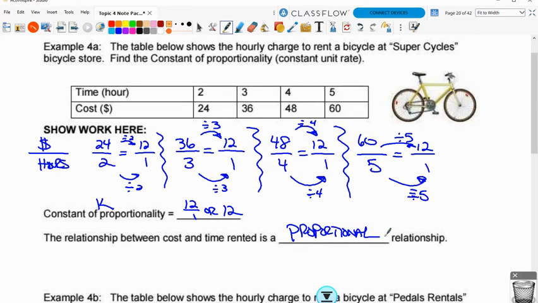And if k equals 12, let's write down what that means for the unit rate. The unit rate equals, well, the 12, that was your number of dollars, so it was $12 per hour to rent a bicycle at Supercycles.